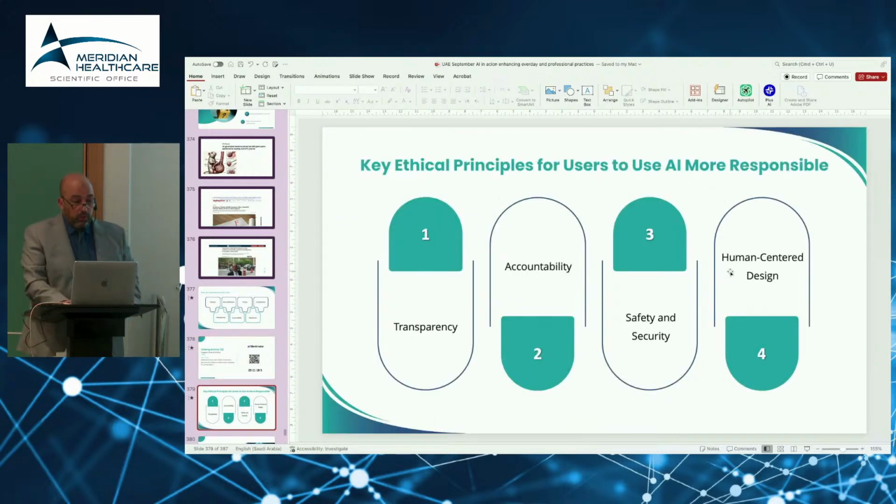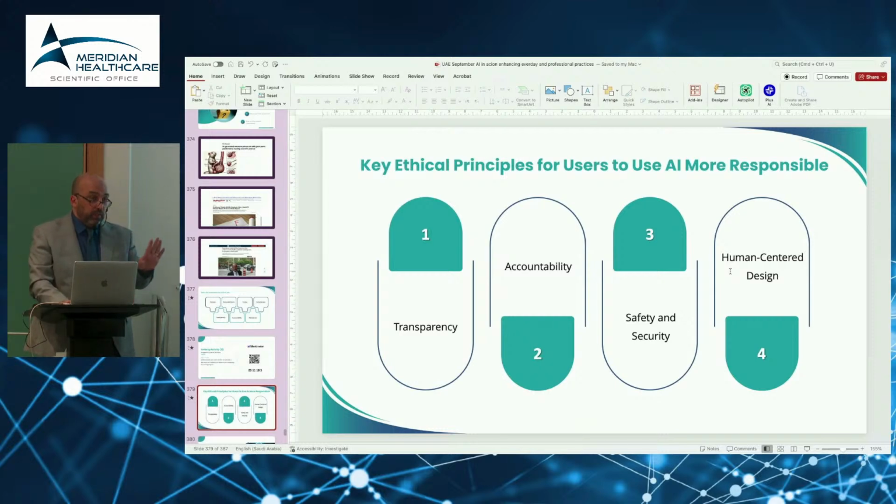Okay, I think those are, mashallah. So, transparency: we need to be transparent about using AI. Accountability: you must be accountable for using it. Once you use it, I am responsible for using it. Safety and security, human-centered design. By the end, our touch. It is also not allowed to let the AI make the decision on our behalf.